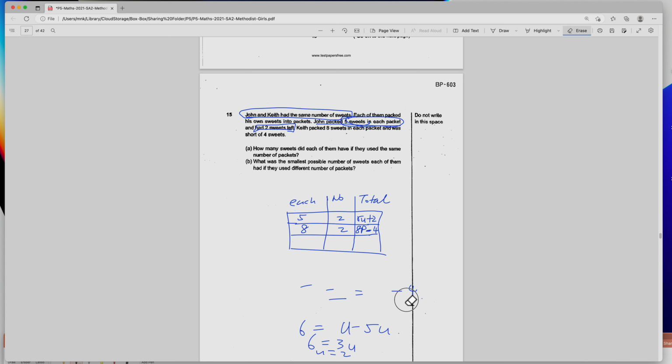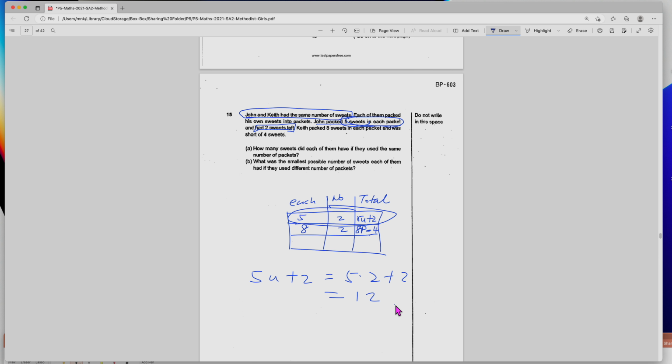Therefore the total number of sweets, if U equals 2, you just put U into it, so they have 12. So 5U plus 2 is 5 times 2 plus 2, so it's 12.